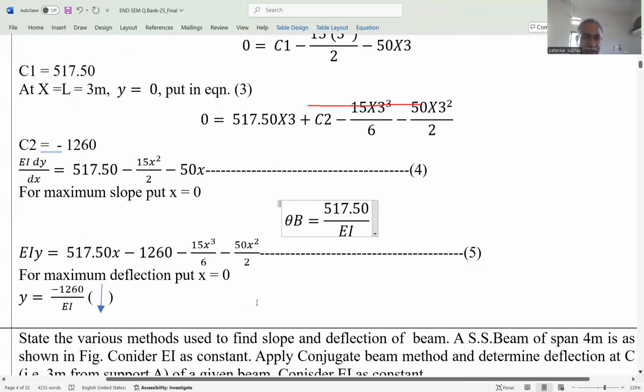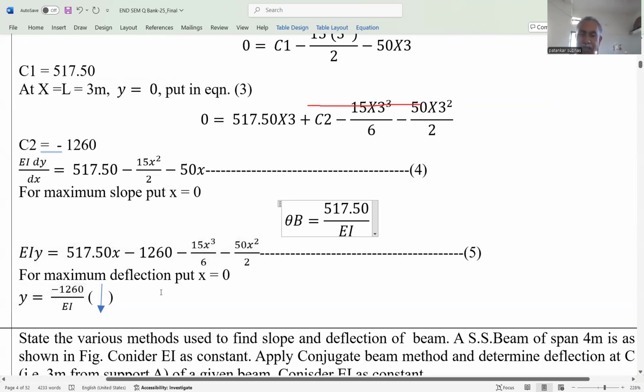Similarly, equation number 5 is related with the deflection. Again, I have put x = 0 because the deflection as well as slope both will be 0 at the free end in case of cantilever. Therefore, C1 times x with x = 0 will be 0, these terms will be 0, and we get 1260/EI, which gives the deflection.